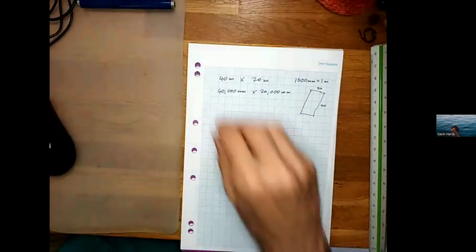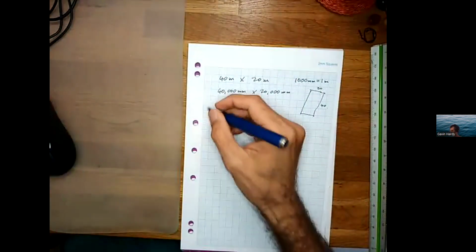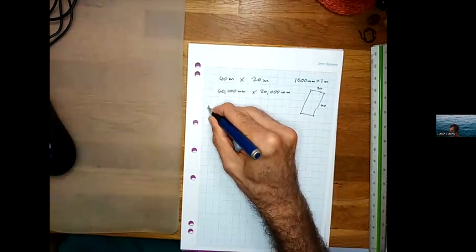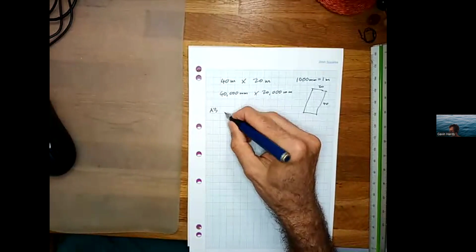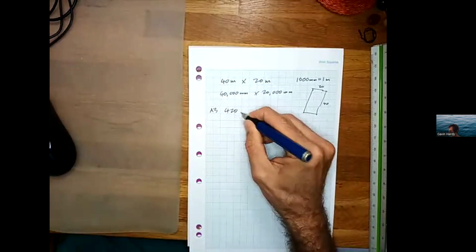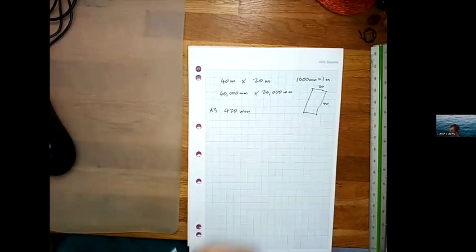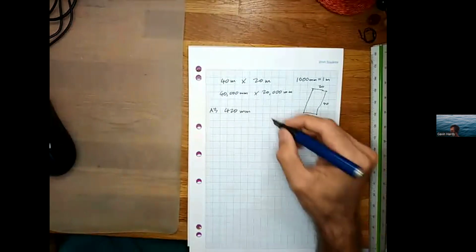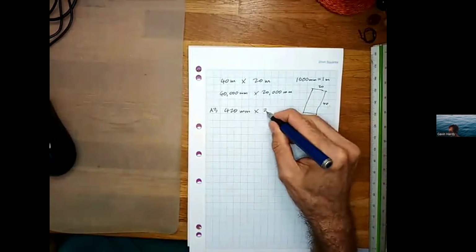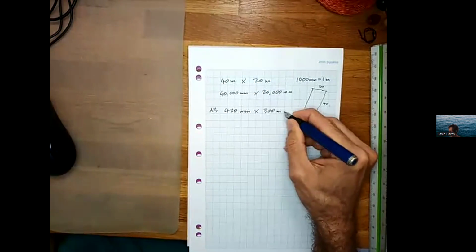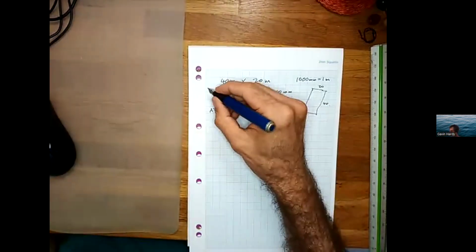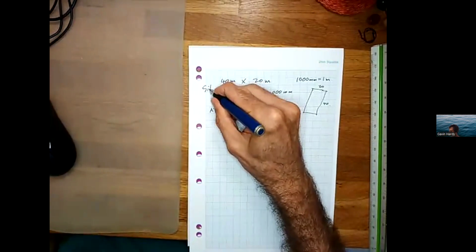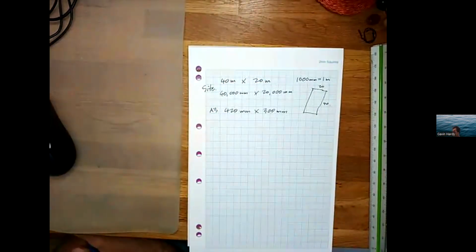So our A3 sheet, 420 millimeters, okay, by 300 millimeters. Okay, so that's the A3 sheet. This is our site. All right, so how do we work out the scale?